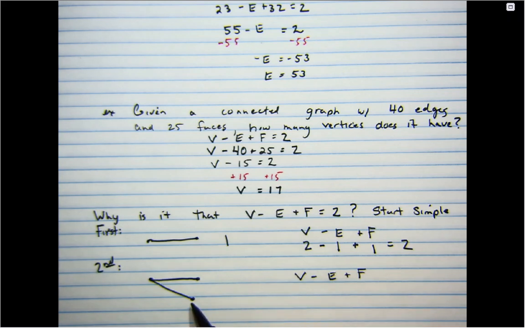That means we have 3 vertices now and 2 edges. And we still just have the one infinite exterior face, the plane that we drew our connected graph in. So we're still getting 2.